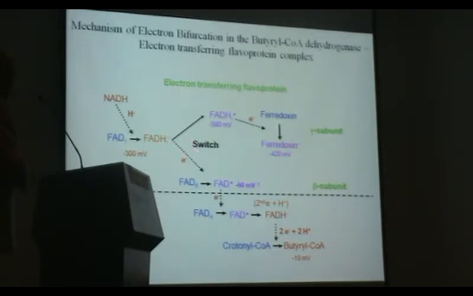The switch now goes back, so only one electron can be transferred, the other remains and reduces ferredoxin, and then the FAD semiquinone transfers the electron further to the butyryl-CoA dehydrogenase, and finally to crotonyl-CoA. So we think this bifurcation could work.